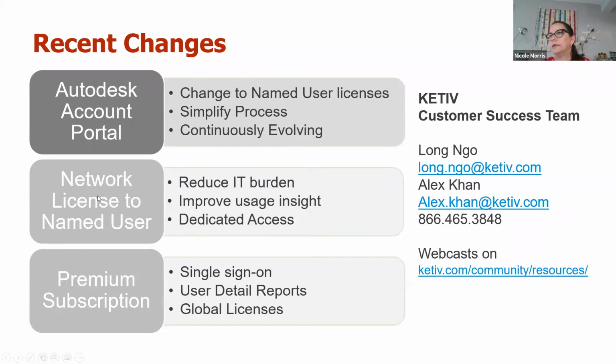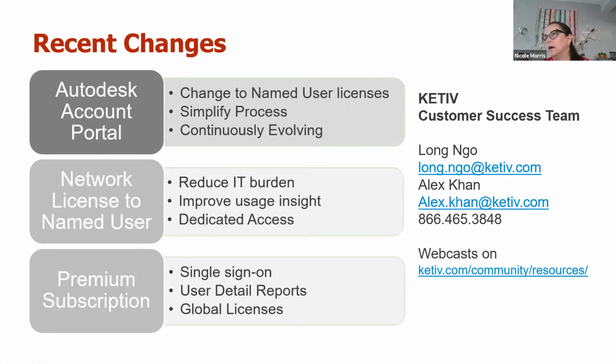Briefly, I want to mention Autodesk is moving all network licenses to named user over this next year. The point of that is to reduce IT burden and to improve usage insight, as people with network licenses are always asking, how can I see how much my users are using the software?